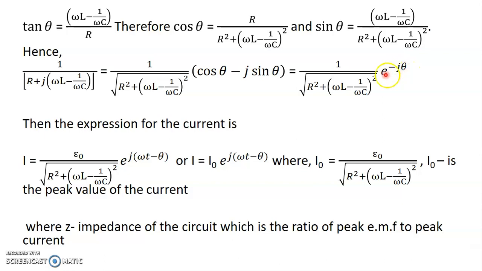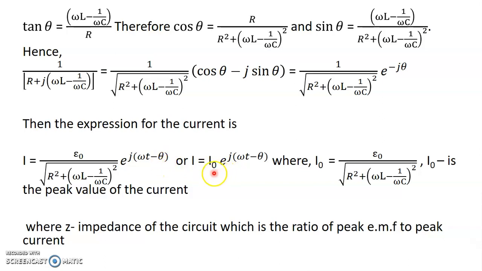Then, substituting the value of 1 over R plus j into omega L minus 1 over omega C in the current expression, we obtain I is equal to epsilon naught over square root of R square plus omega L minus 1 over omega C whole square, e power j omega t minus theta.